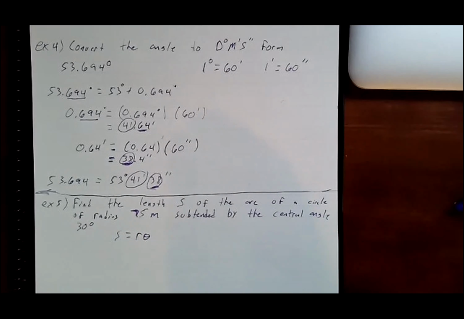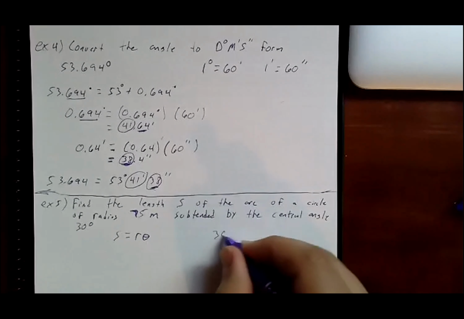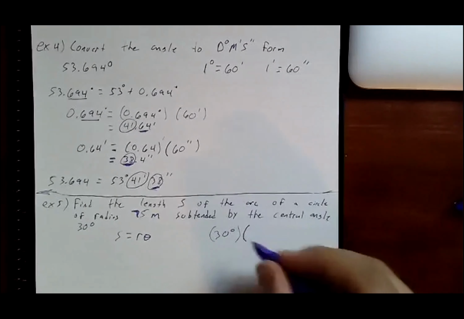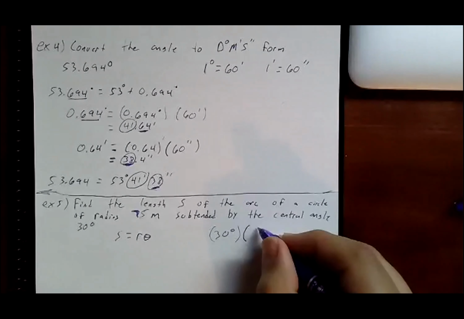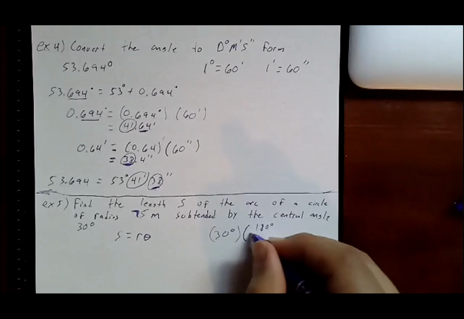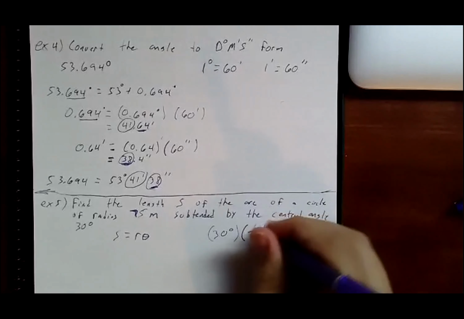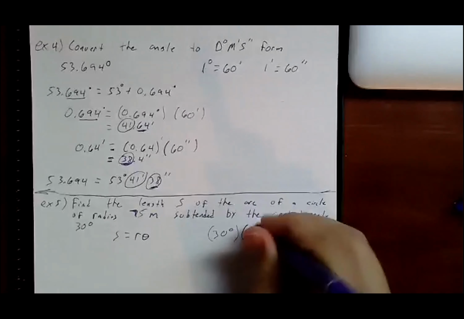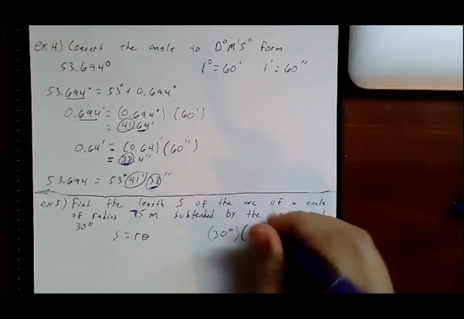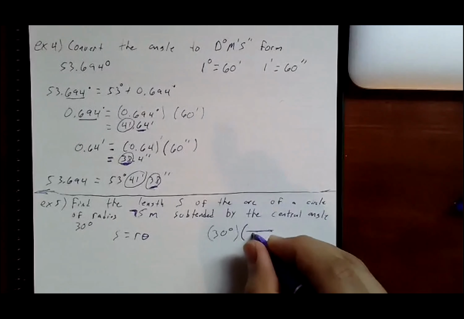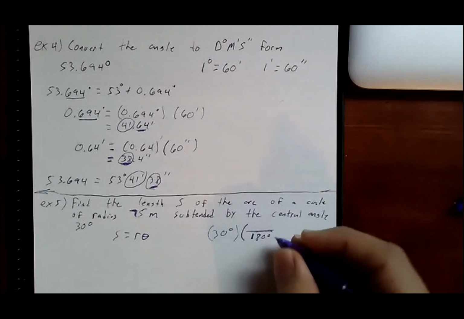So here we go. First change this using your conversion factor, 180 over pi. Oops, that's not right. The way I remember is to put the one I want to cancel on the bottom. I'm trying to cancel degrees, so degrees should be at the bottom.